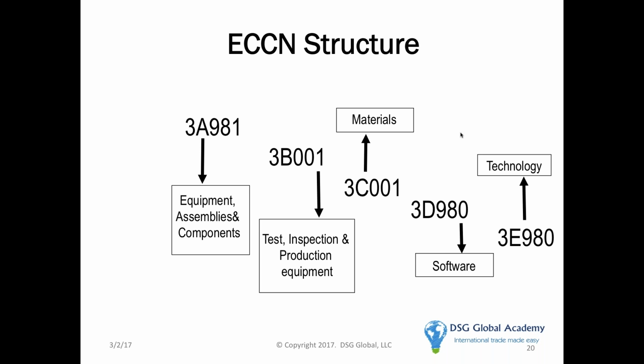And that determines whether it's A, B, C, D, or E. And then the Commerce Control List for your product would have many ECCN numbers listed, which stands for Export Control Classification Number. And you know what? If your technology is not listed, it's good news because you then fall under the ECCN number of EAR 99, which means your item is not controlled.